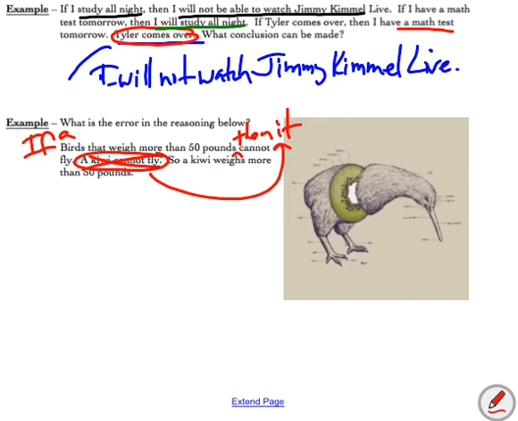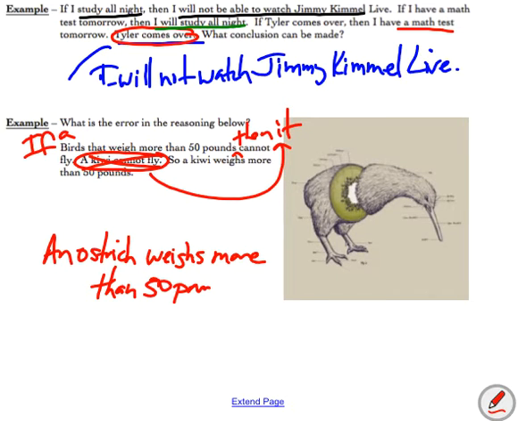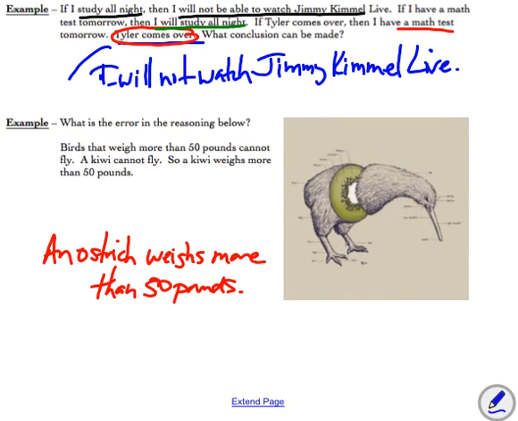All right, so hopefully you paused and thought about that, but perhaps something like an ostrich. I think about an ostrich being a pretty big bird. Ostrich weighs more than 50 pounds. If that were our statement to begin with, now what we really have here, instead of this kiwi from before, is an instance where we have a part of the hypothesis.